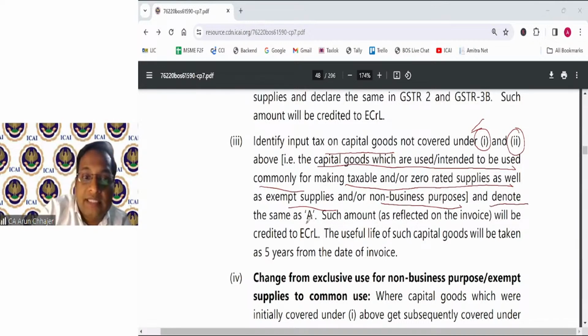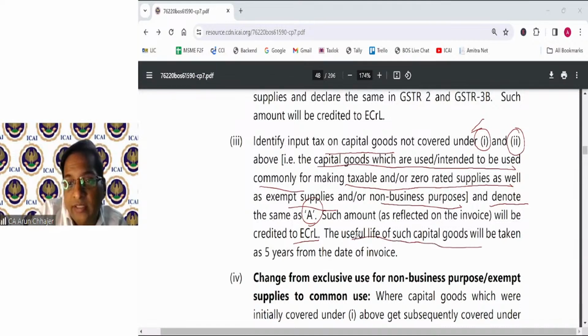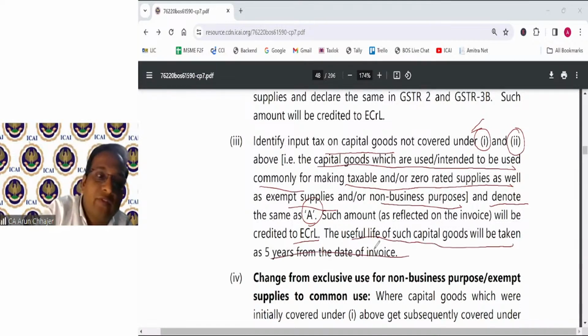And denote the same as A. Such amount will be credited to the electronic credit ledger. Useful life of such capital goods will be taken as 5 years from the date of invoice.